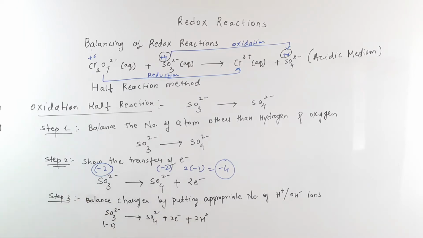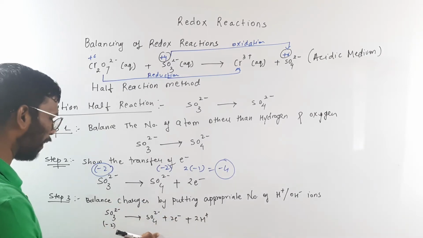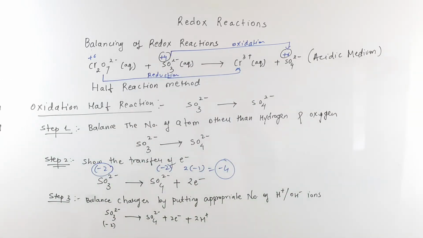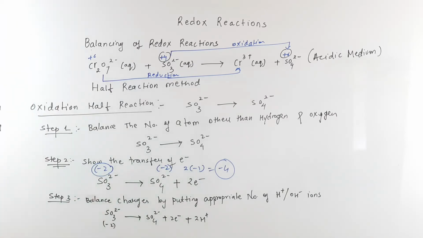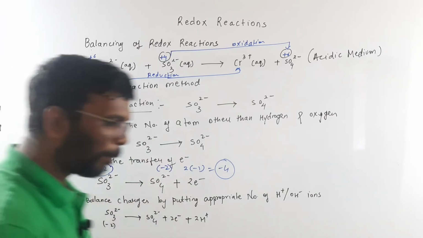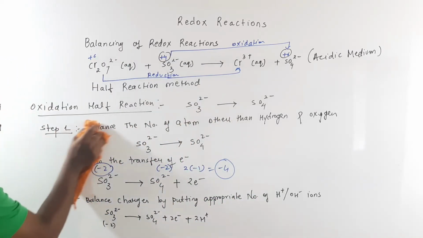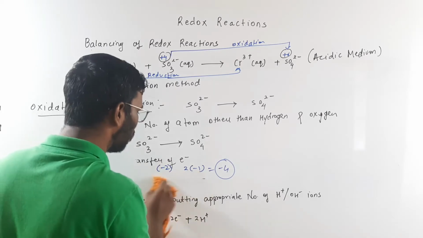Charge is balanced, no? -2 and +2 gives -2, and this side it is -2. So this is step 3. Till here, my step 3. So next is balance the hydrogen on the right side.